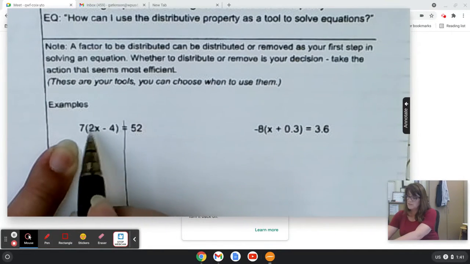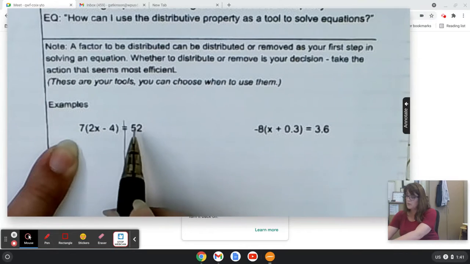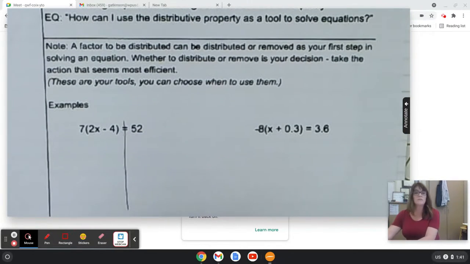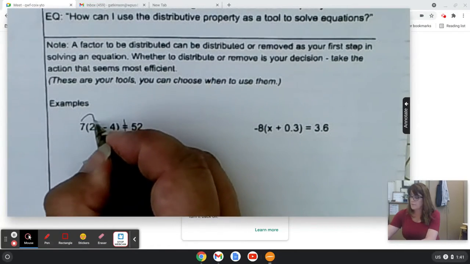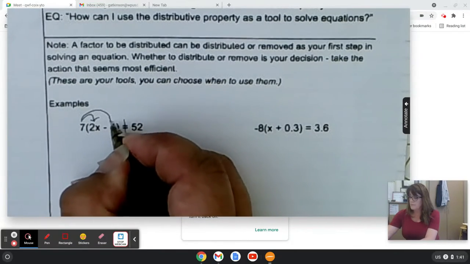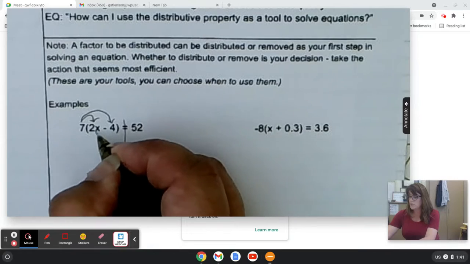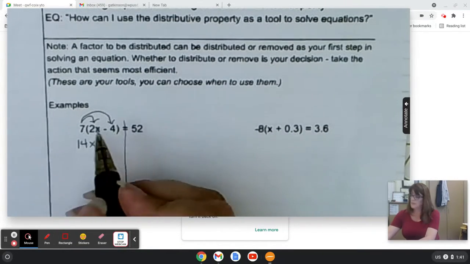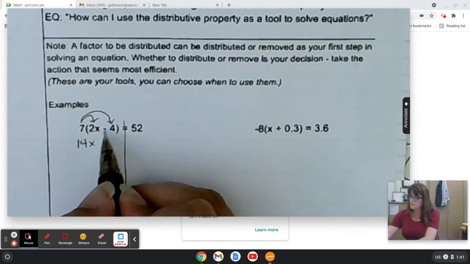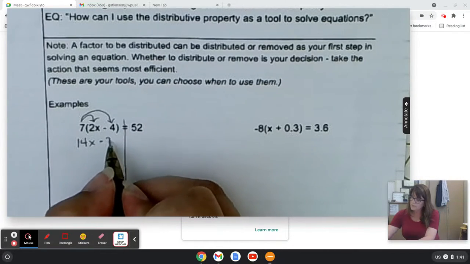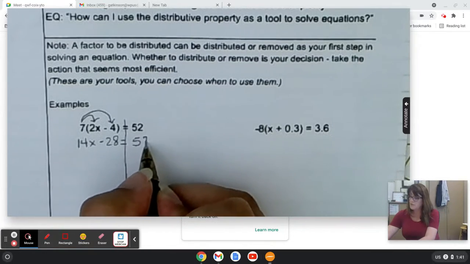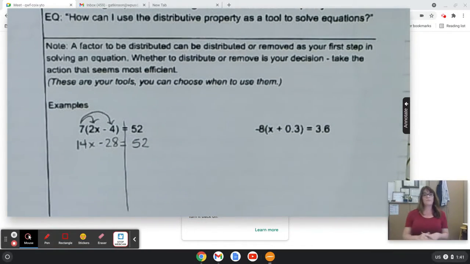So this somehow has a value of 52. Well, let's just start with distributing. 7 times 2x, 14x. 7 times negative 4, negative 28. And then 52 stays 52.